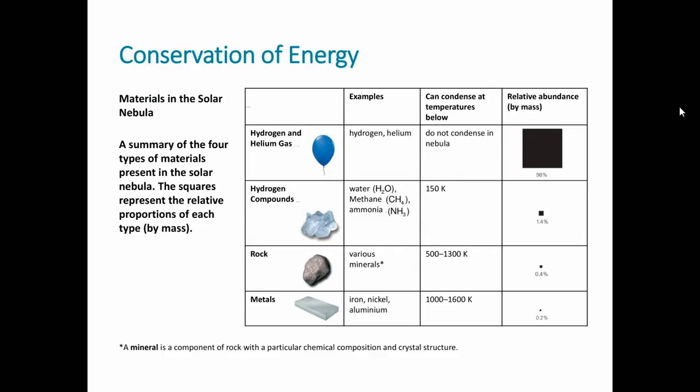Those are going to condense, so they're going to turn from a gas to a liquid at 150 Kelvin. Rocky material is going to be solid at much higher temperatures, and then metals like iron will again be solid at much higher temperatures, but there's a lot less of that. So these are all of the materials that you have to make your solar system, and that's going to include the sun and then all of the planets.